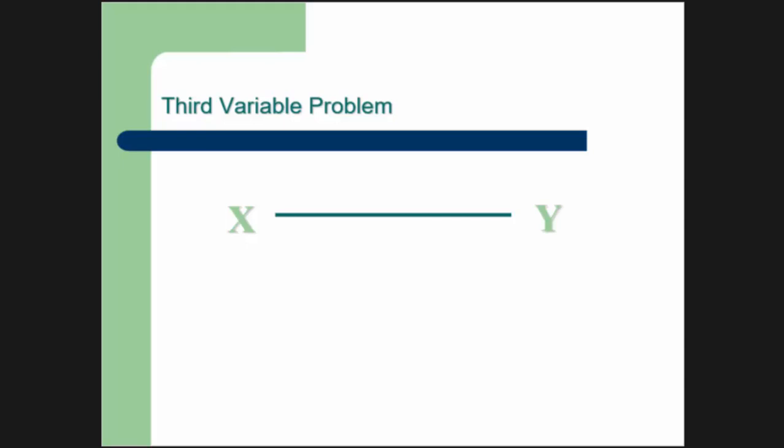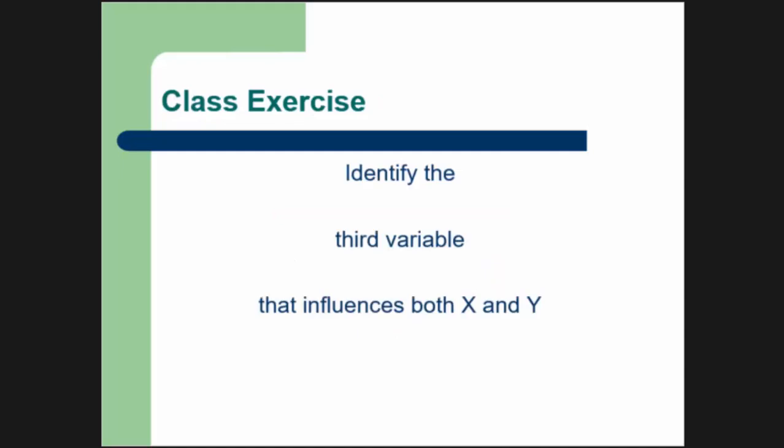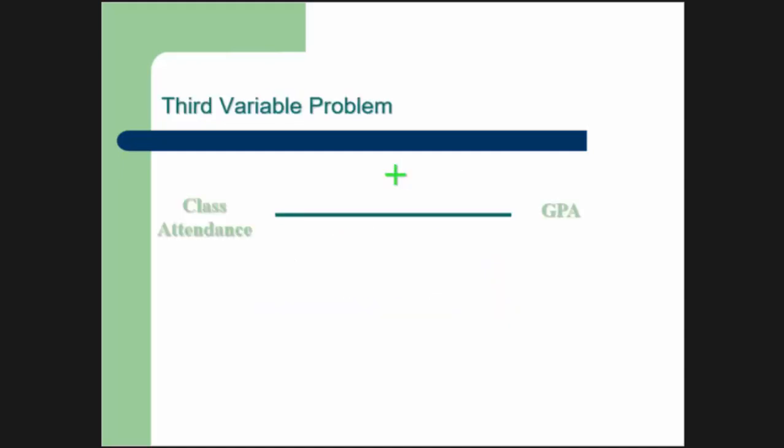Then the issue of the third variable problem. Sometimes you are studying the wrong factor. Sometimes you are not sure what is the real cause. So how about class attendance and CGPA? What is the third variable? Does class attendance lead to better CGPA?